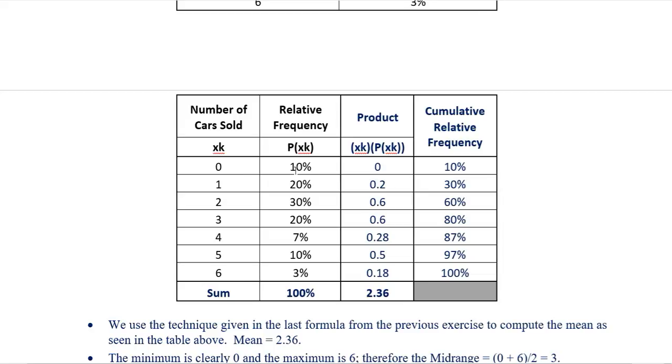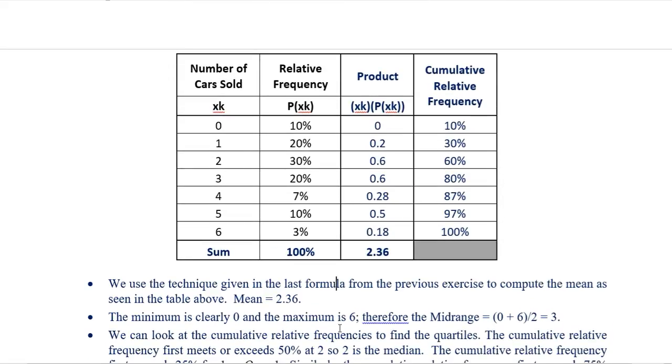So think of this as a decimal. 0 times 0.1 is 0, 1 times 0.2 is 0.2, 2 times 0.3 is 0.6, and so forth. So multiply these two to get the one here. Then add these up, and that will be the mean.